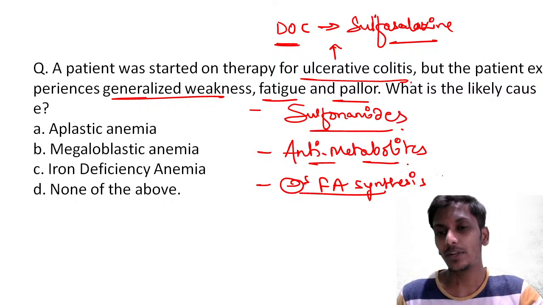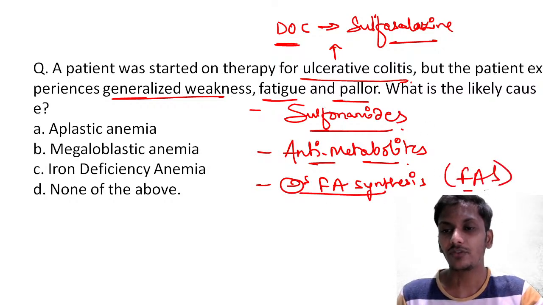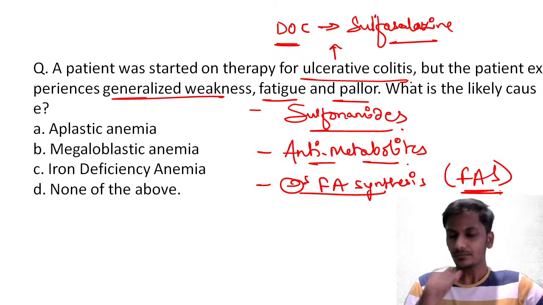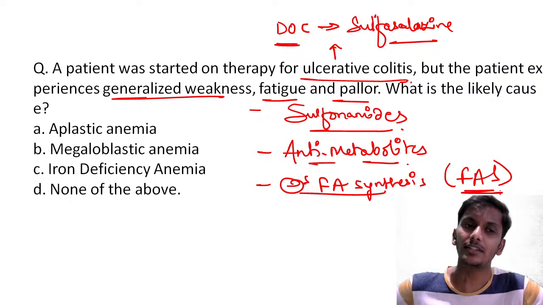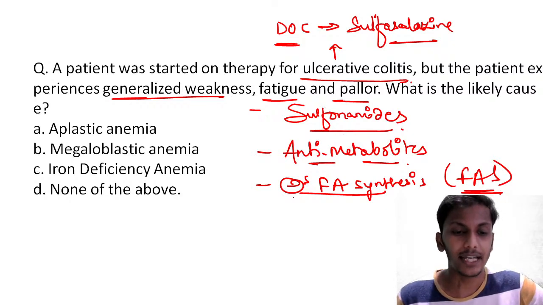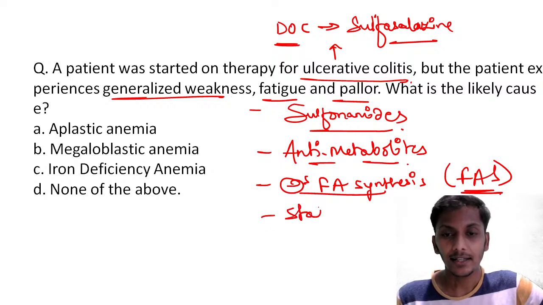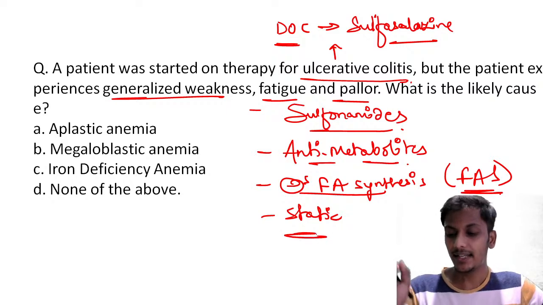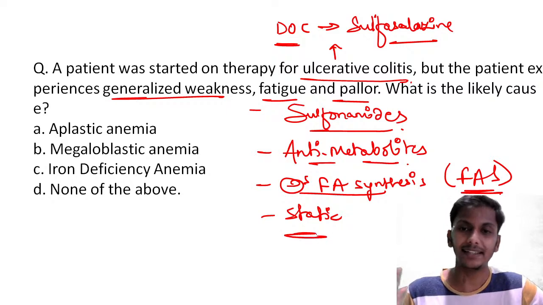And which enzyme do they inhibit? They inhibit folic acid synthase enzyme. And dihydrofolate reductase enzyme is inhibited by which drug? It is inhibited by trimethoprim, an important one. So please remember, it inhibits folic acid synthesis, and it is a bacteriostatic drug. It just inhibits the growth of the bacteria.